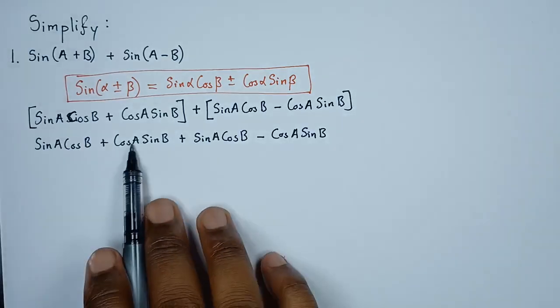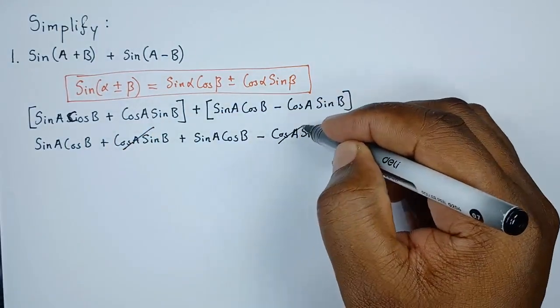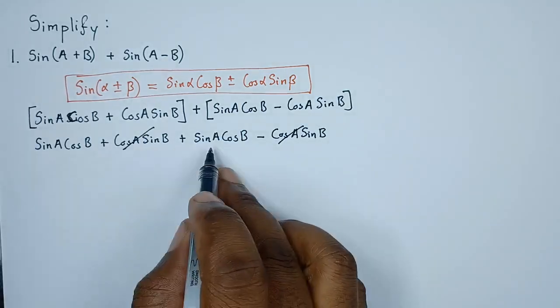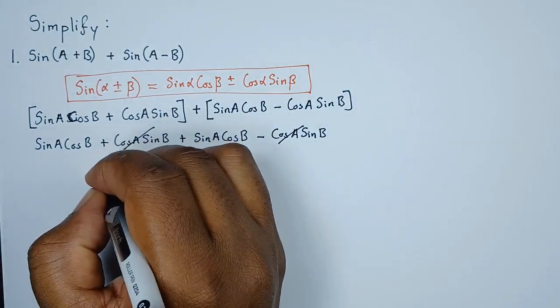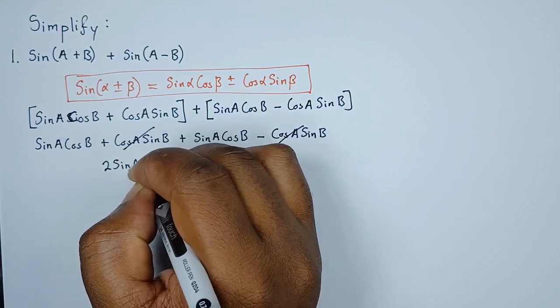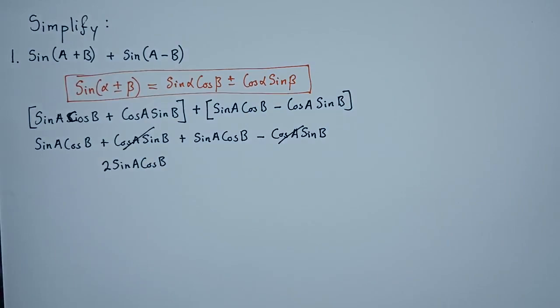Yes. Cos A sine B, cos A sine B. So one is positive, one is negative, so they'll just cancel out. Meaning that the only thing we're remaining with in this case is these two. And if you put them together, what we get will simply be 2 sine A cos B. So we have simplified.